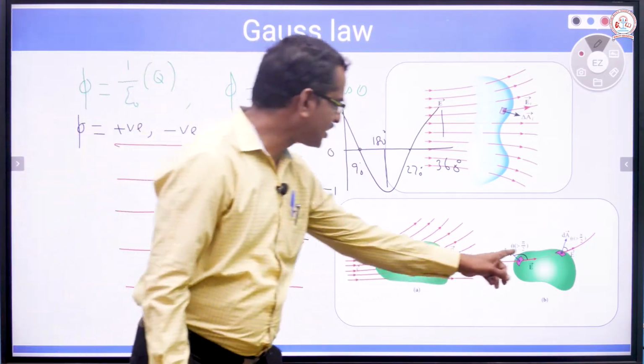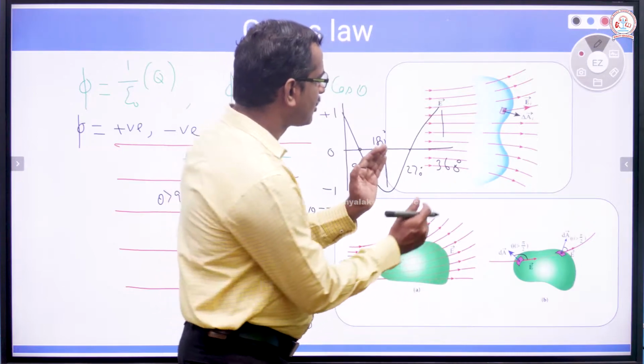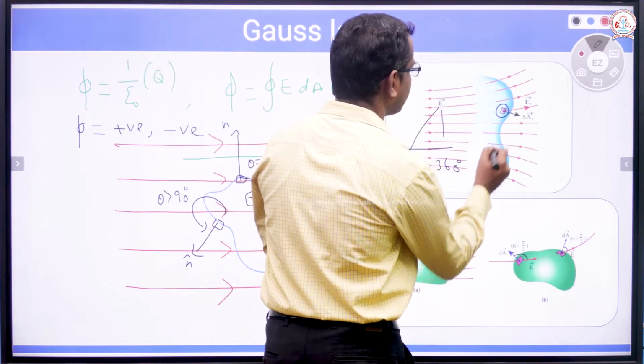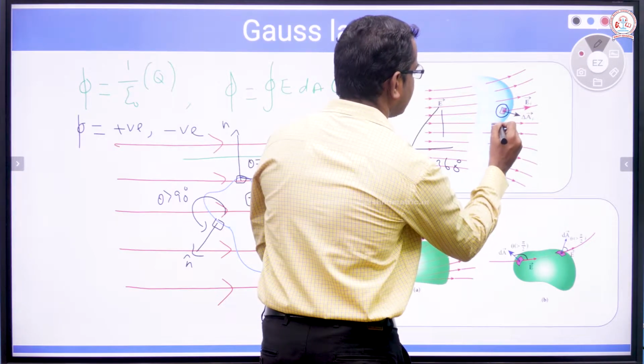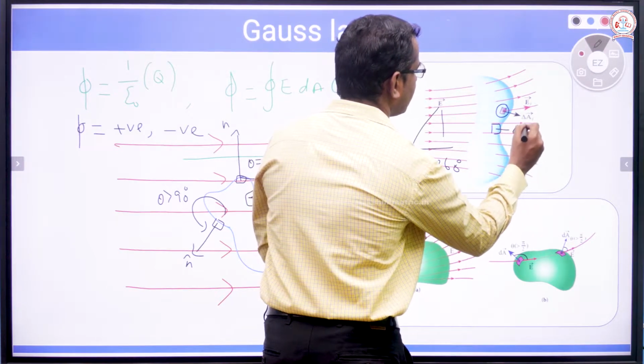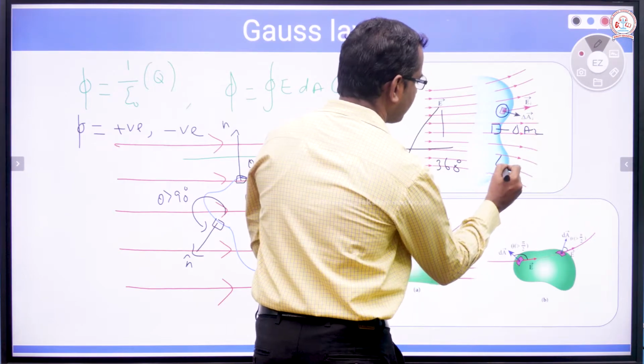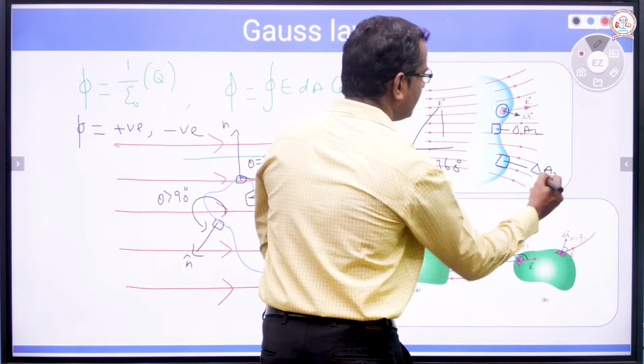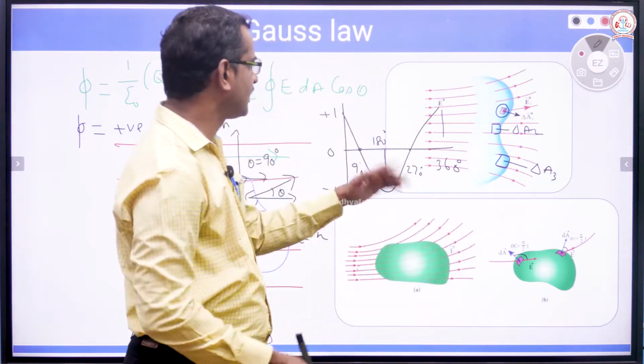So in such a case, we have to find the flux due to a small area. Like this we can imagine another area here, delta A2, and another area, delta A3, and we have to add everything.